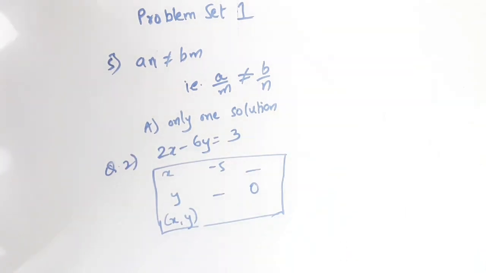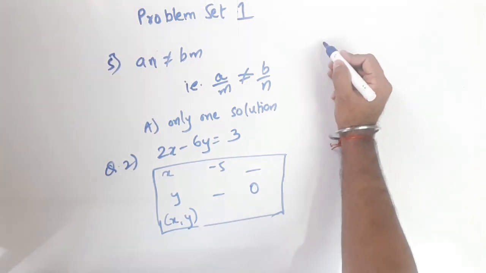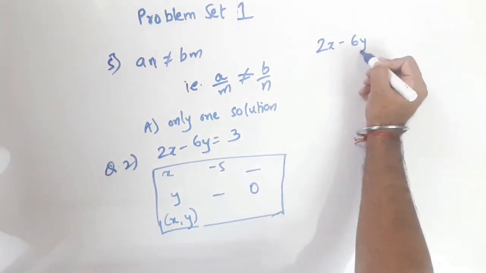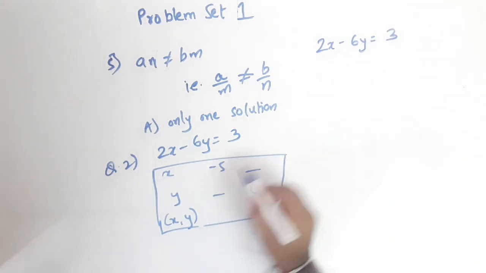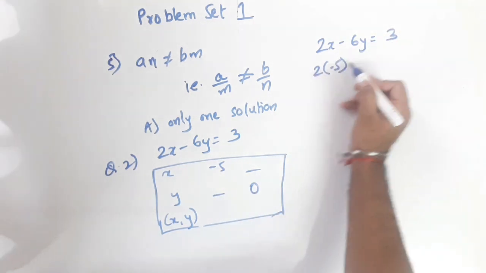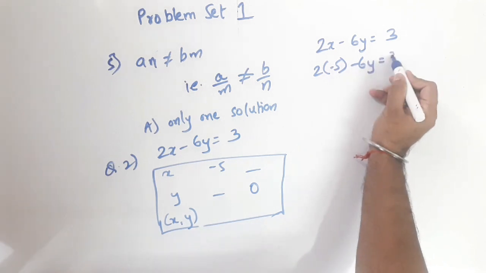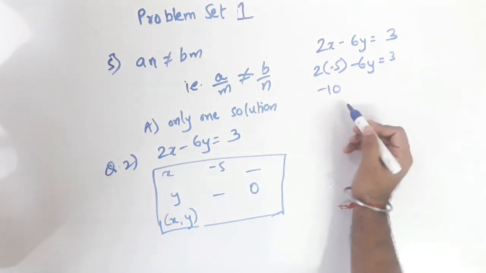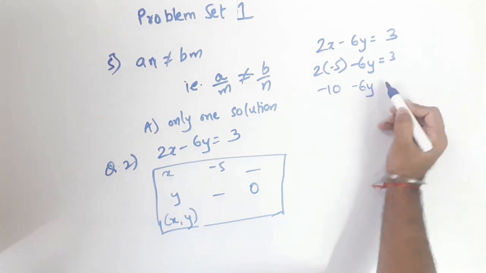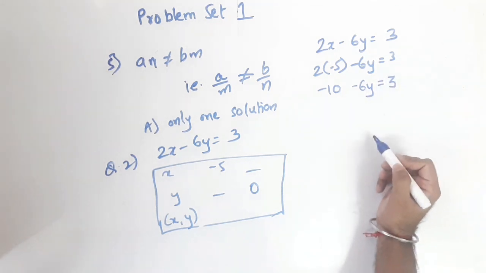Then question number 2, where the equation of the graph is given and you have to find y in the first column and x in the second column. So let us substitute. 2x minus 6y equals 3. x is minus 5, so I'll put minus 5 here: minus 10 minus 6y equals 3.